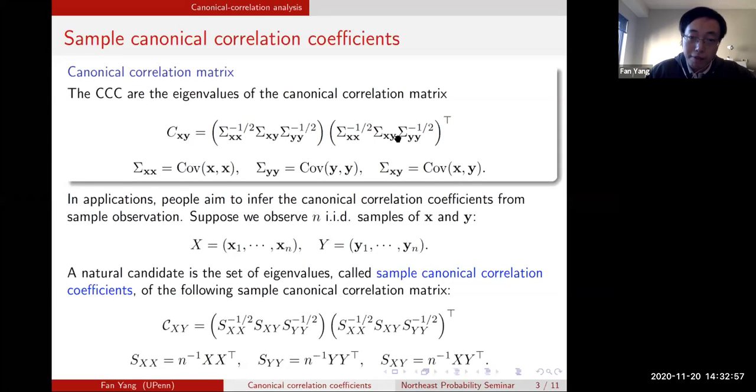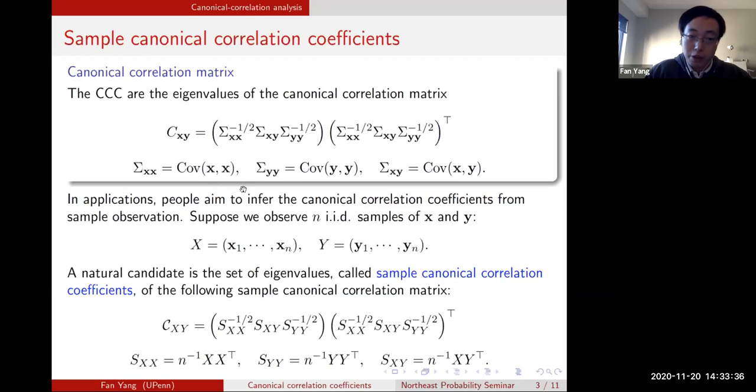In real life, however, we do not know the true canonical correlation coefficients. Instead, our goal is to infer them from the data. Suppose we have n IID samples of the random vectors X and Y, and we form them into two data matrices X and Y. A natural candidate for inference is the sample canonical correlation coefficients, defined as the singular values of the sample canonical correlation matrix, obtained by replacing each matrix with its sample counterpart.